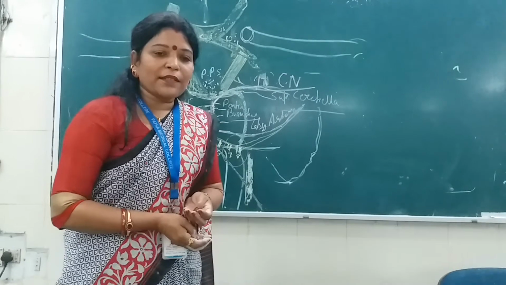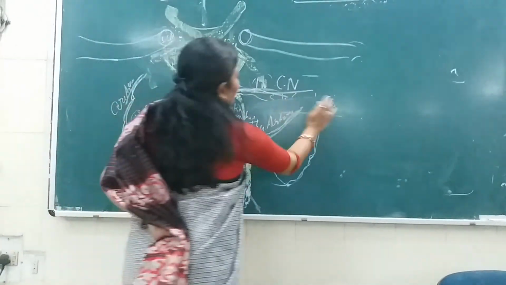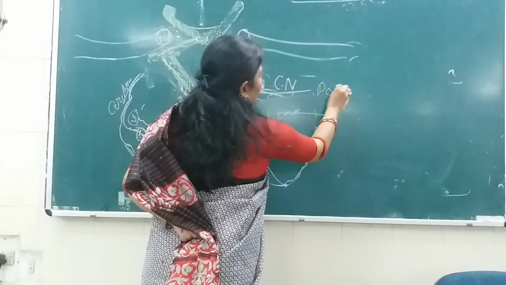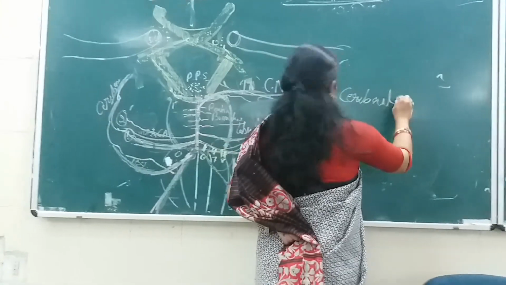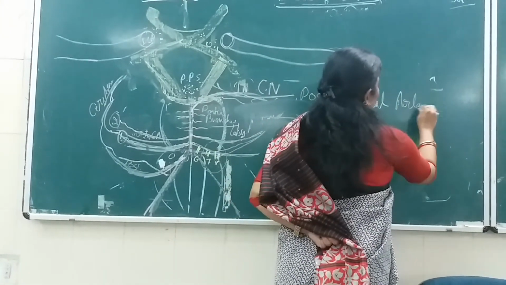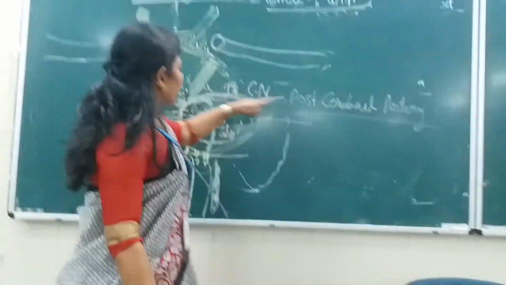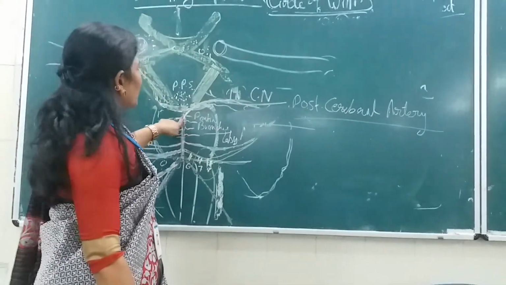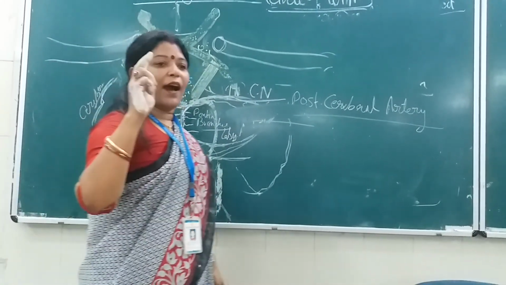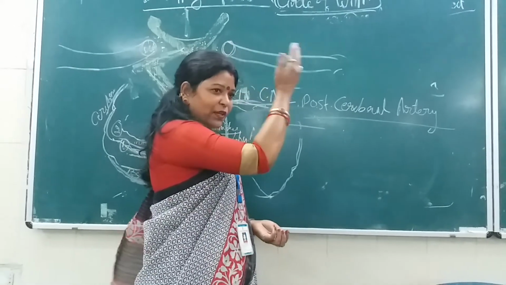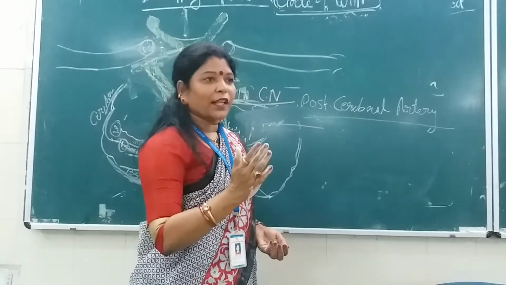And what are those branches? You are getting the posterior cerebral artery from the basilar system, isn't it? So you have to go for two other important arteries which will supply the anterior and the middle aspect of the cerebral hemisphere.